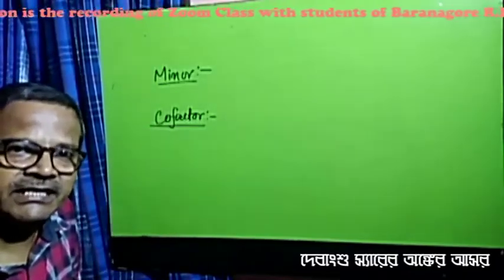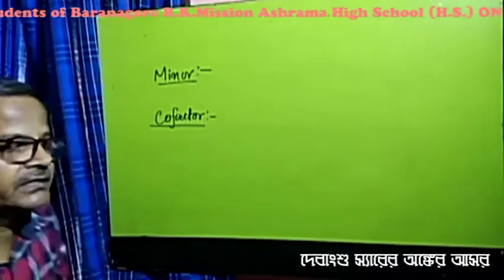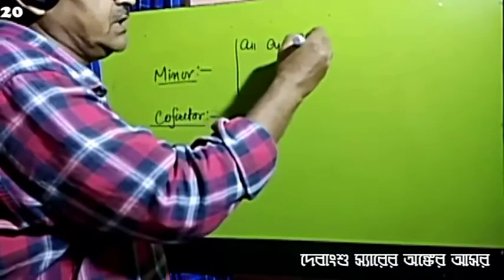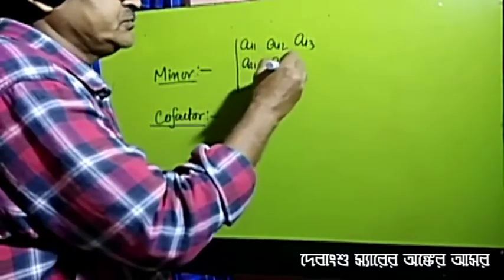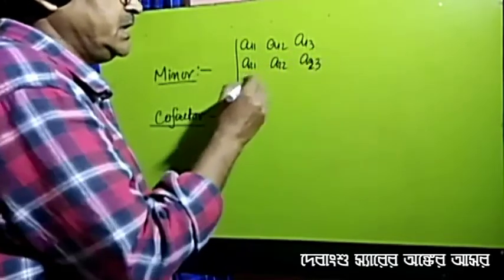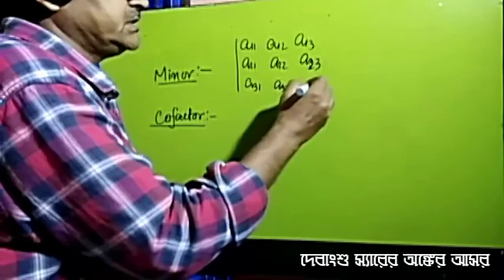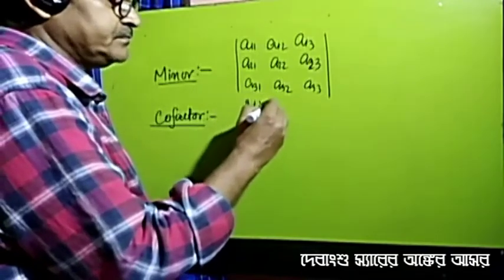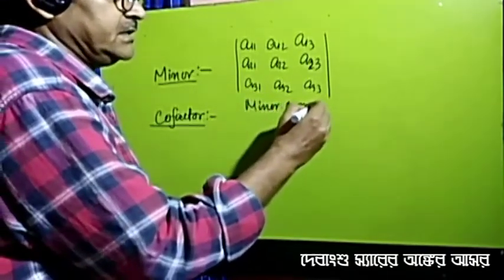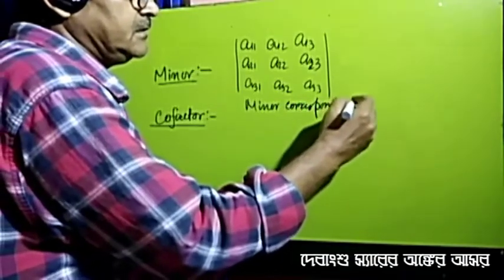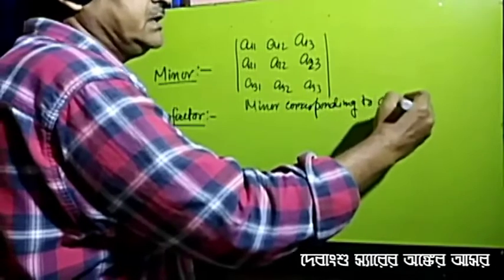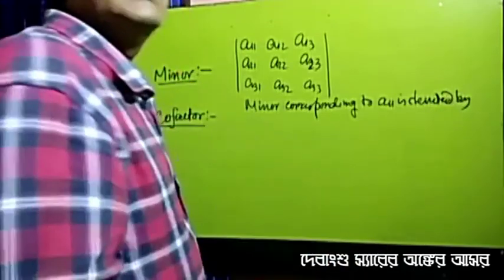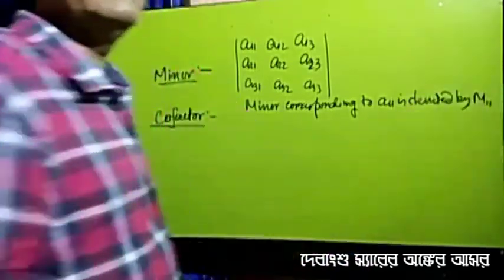For example, if a11, a12, a13, a21, a22, a23, a31, a32, a33 is a third order determinant, then the minor corresponding to a11 is denoted by M11.